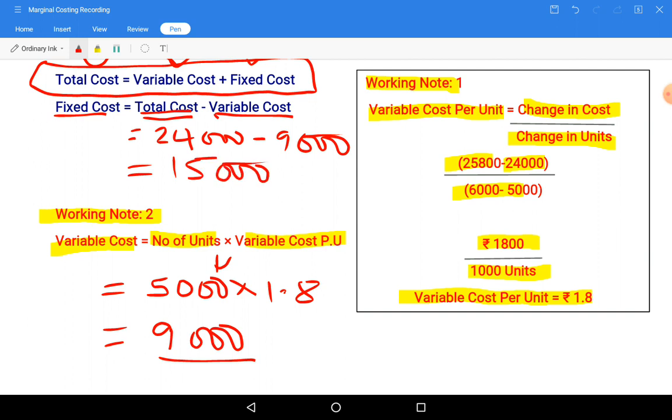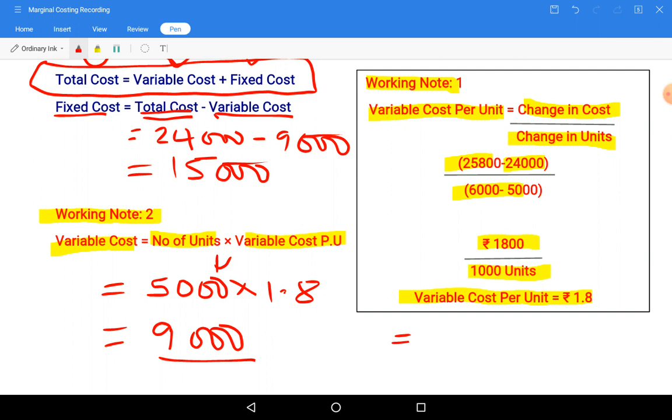If you have a doubt, you can check it the other way. You calculate it at 6,000 units. What is the total cost at 6,000? 25,800 we have got.